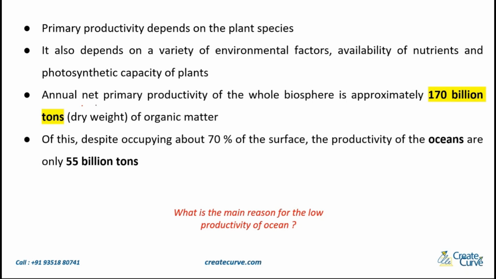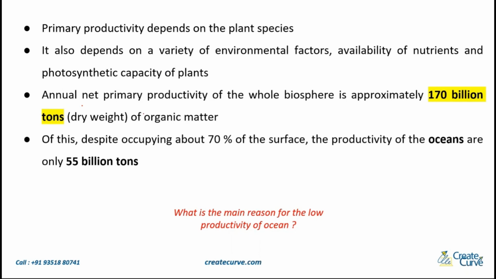If you measure the primary productivity, it's going to weigh about 170 billion tons. Now of this, despite occupying about 70% of the surface, the productivity of the oceans is only 55 billion tons.